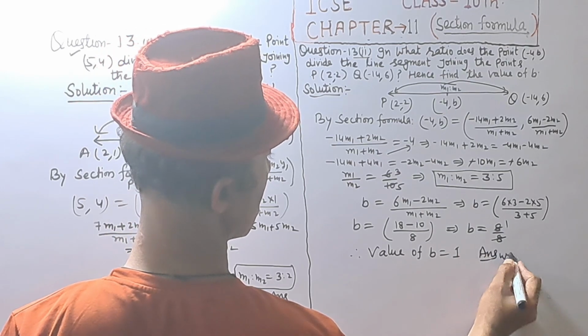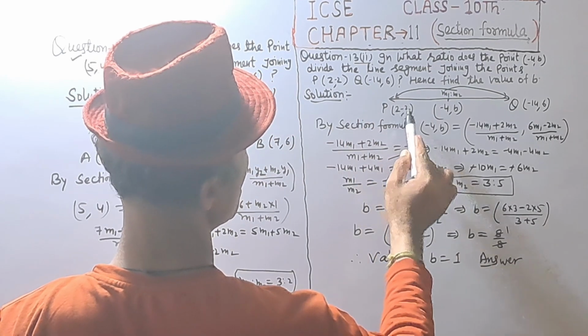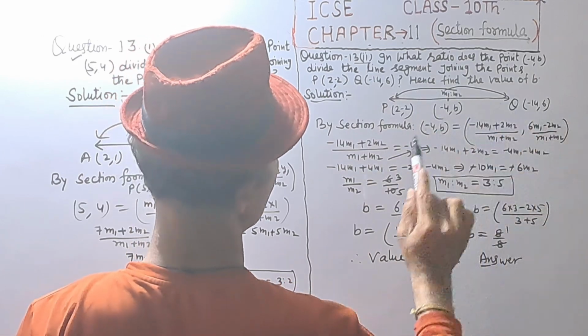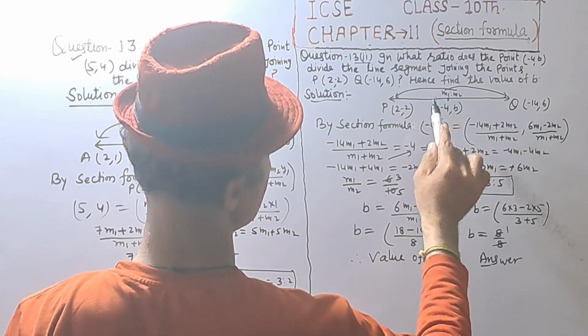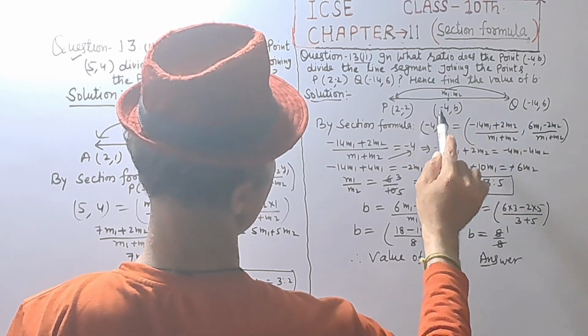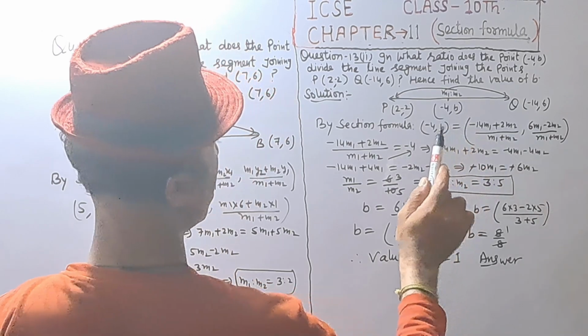Answer. Given point P (2, -2) and point Q (-14, 6). We find the ratio M1 ratio M2, and center point is (-4, b).